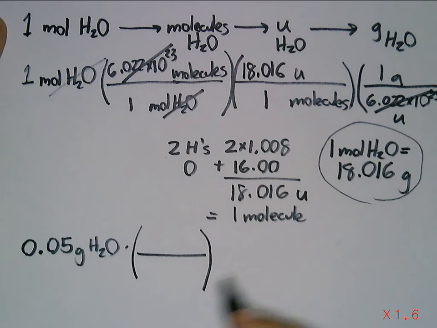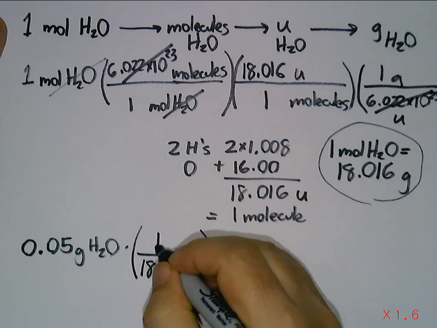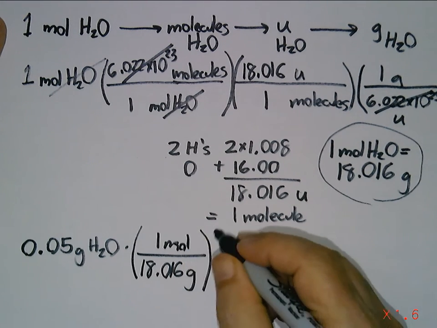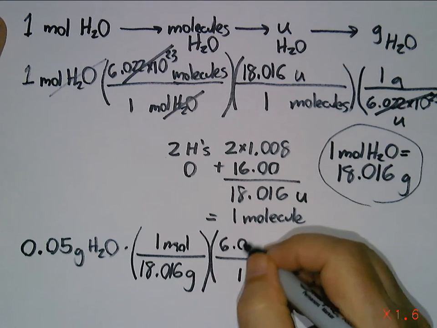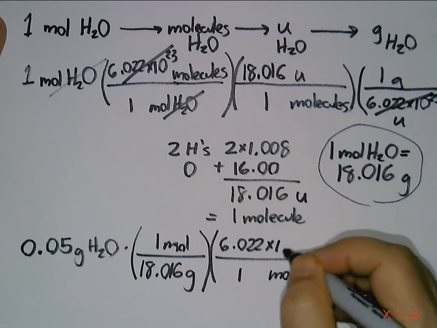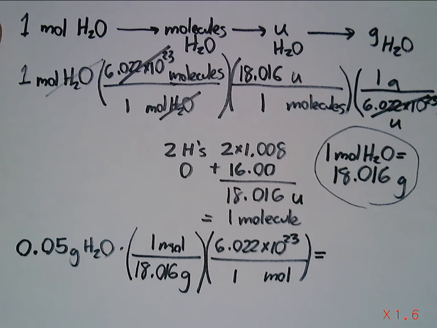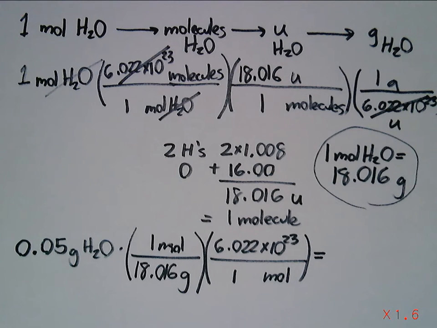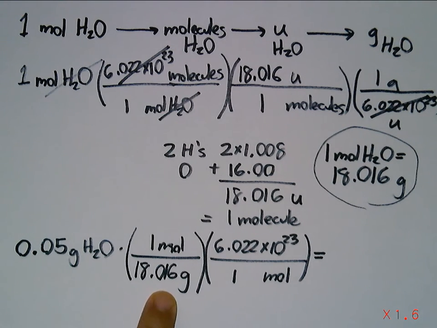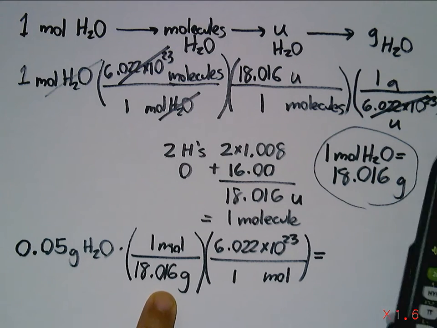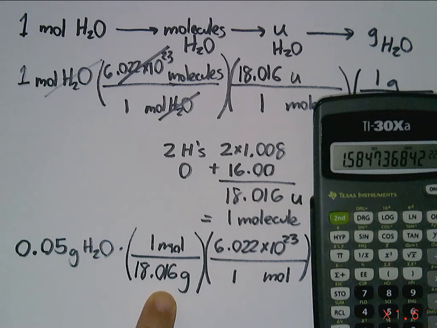I can use this to take me to moles. And then I can use moles to take me to molecules. And I'm going to get the exact same result that I got in the other video using atomic mass units. And in fact, you can see that the numbers are pretty much the same, although there I think we rounded this one off a little bit more because we were using a table that didn't have as many significant digits on it.